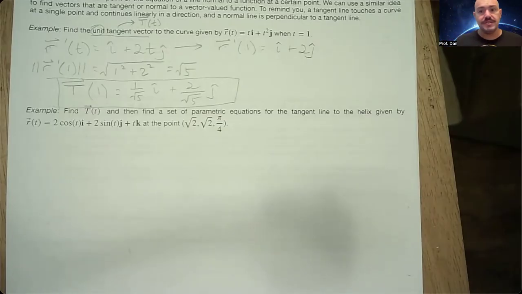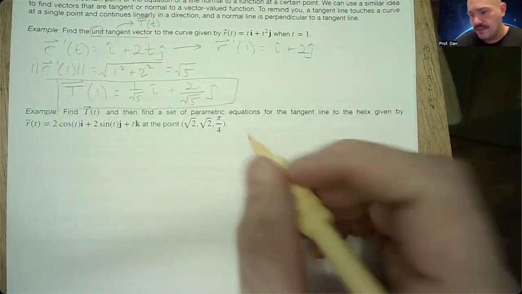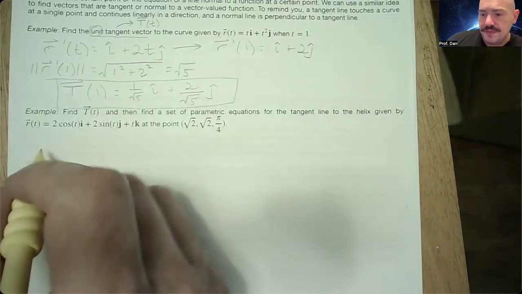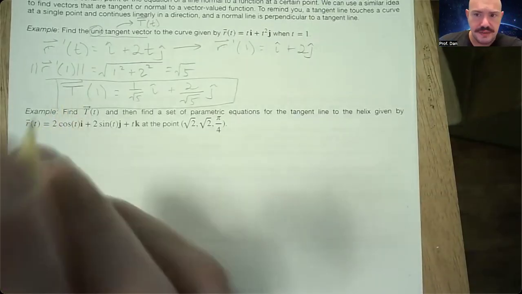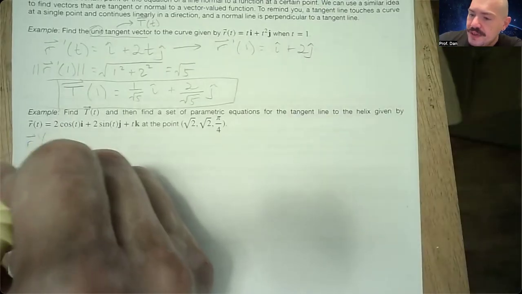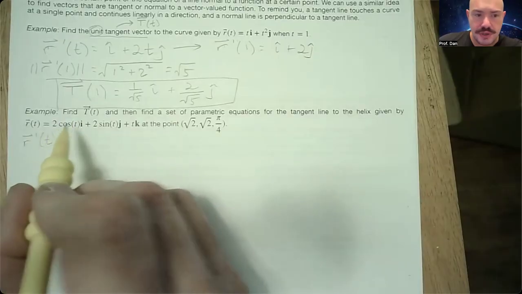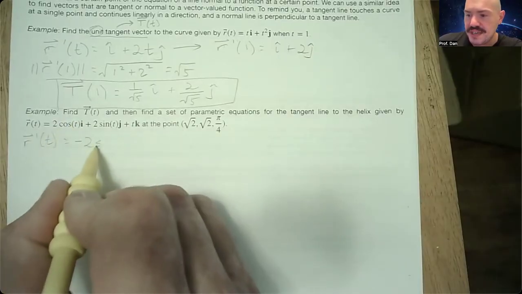And just like when you learned to find the equation of a tangent line in one variable, we can do this with vector valued functions using t. So starting off, we're going to need to find the derivative of r of t. All right, so I know derivative of 2 cosine t is -2 sine t.